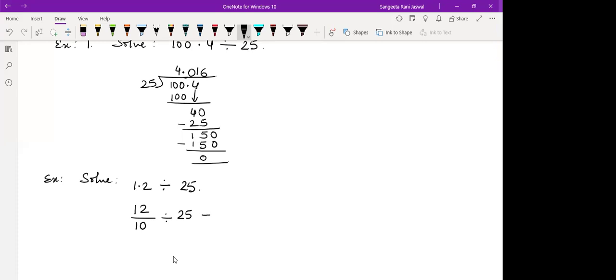By this, what will happen? The decimal point will not be there. Now when we are dividing this with a whole number, 25 can be written as 25 by 1. So when we divide, what happens? KCR: keep, change and reciprocal. Keep the first number as it is, change the sign and take the reciprocal.